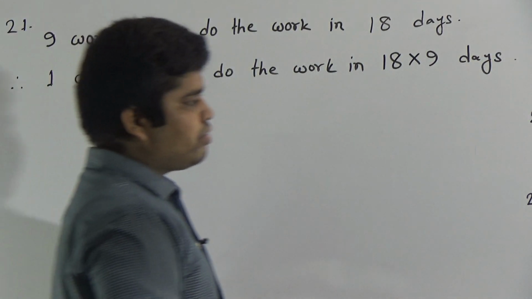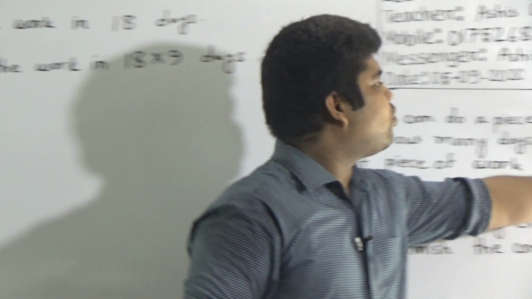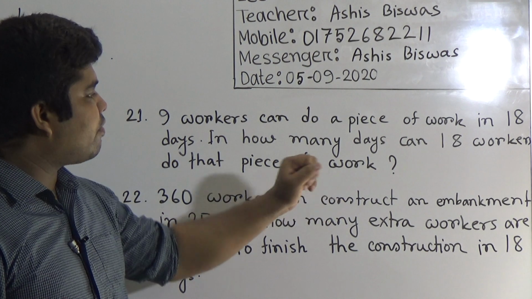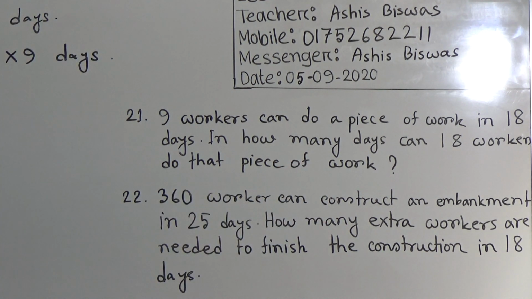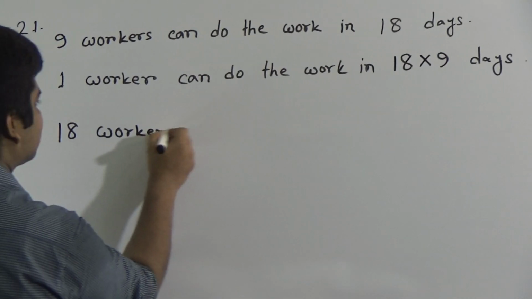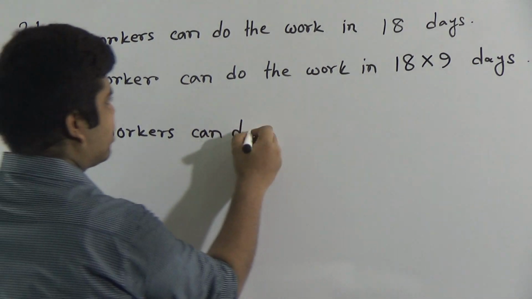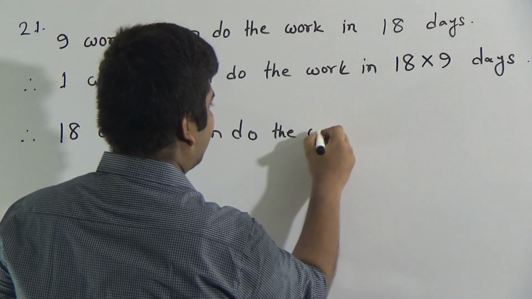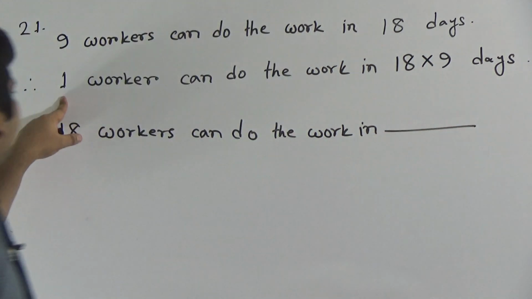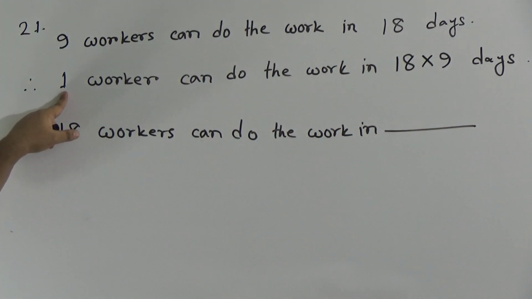Now you notice we need to find out 18 workers can do the piece of work in how many days. So, now we find 18 workers can do the work in, we consider this 18 as this 1.